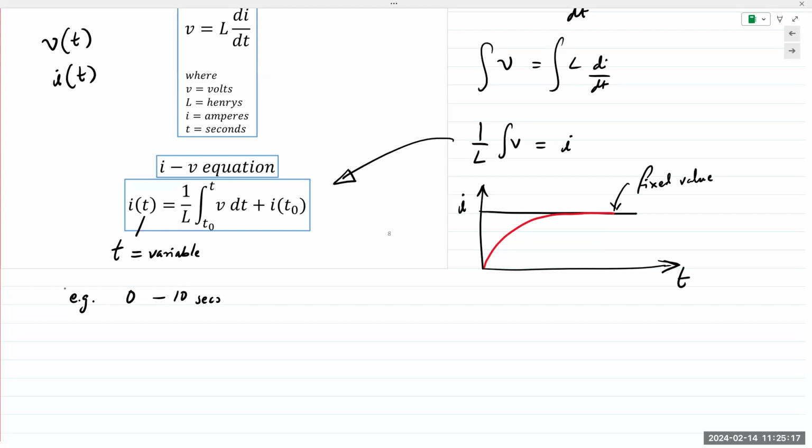For convenience sake, let's just say we are analyzing a system from 5 to 7 seconds. So T0 simply references the point in time at which you begin your analysis. Okay, T0 is the point in time at which you begin your analysis.